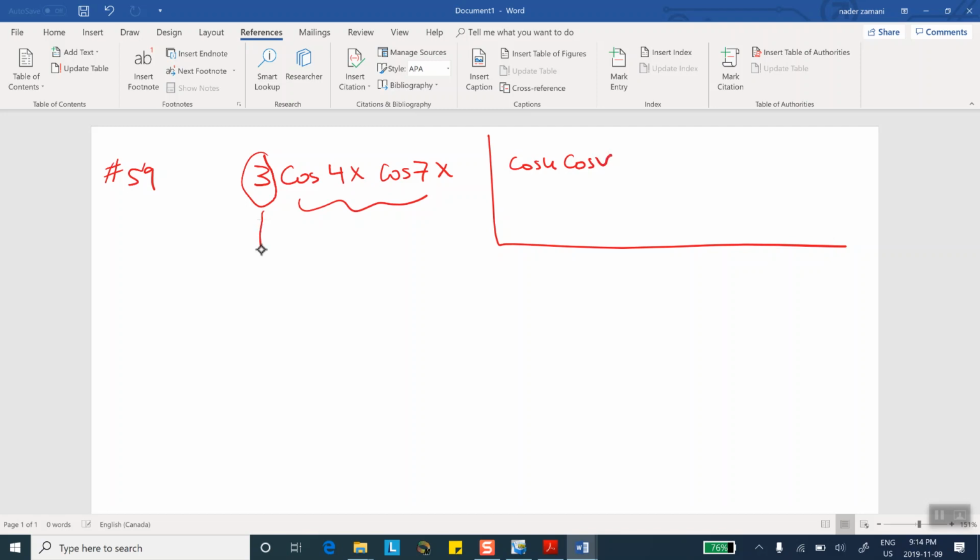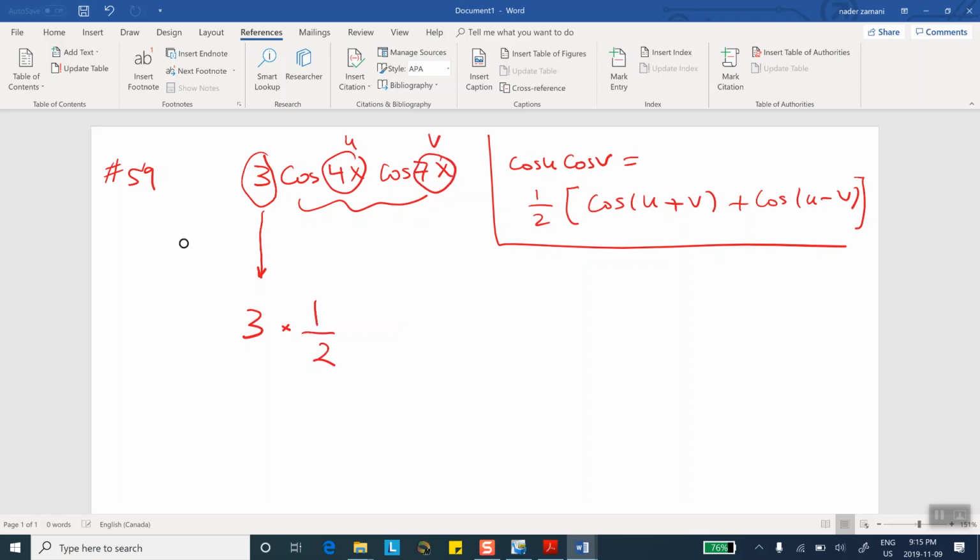We're going to take that 3 into account in a minute. Okay. Now the one that we have that looks like that, we just did one like it. It's going to be cosine of u plus v plus cosine of u minus v. So there is your u, and there is the v.